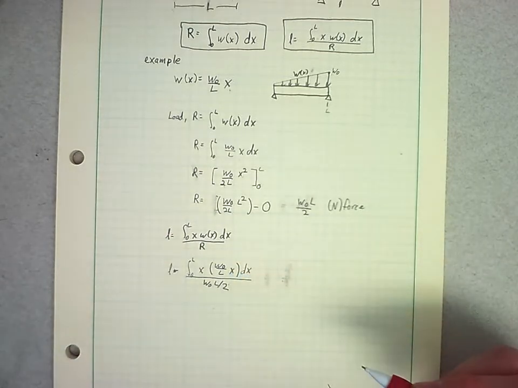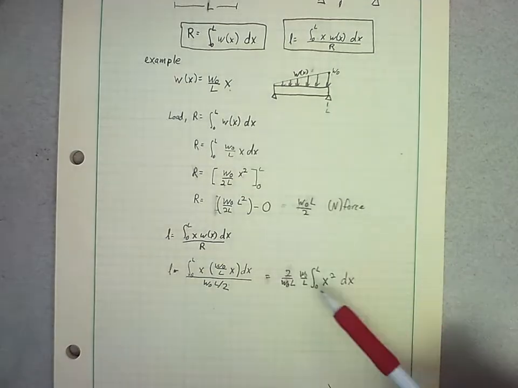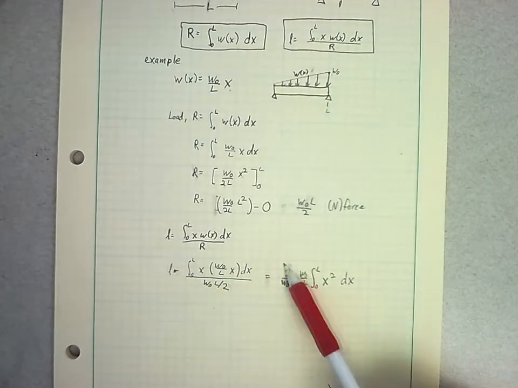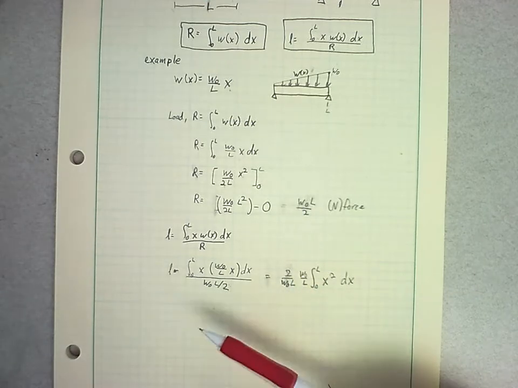Let's simplify that a little bit. If I do that, taking this from the denominator and moving it up, it becomes 2 divided by that when I flip it over.